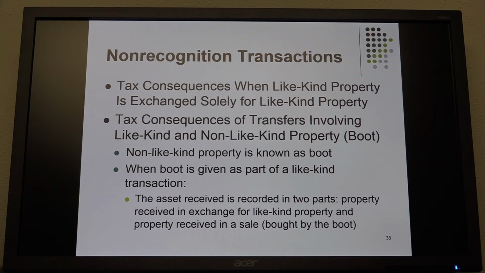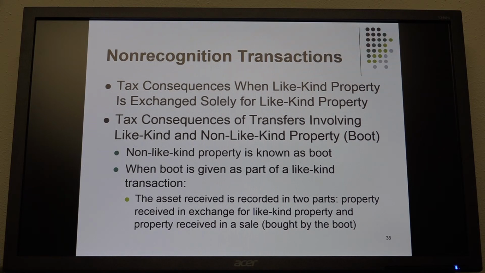So again, the taxpayer is the one with the property they're giving up for $250,000. The other party to this like-kind exchange has the property for $200,000. Assuming it's an arm's length transaction, the other party is going to have to kick in another 50 grand somehow. Let's just assume it's cash.